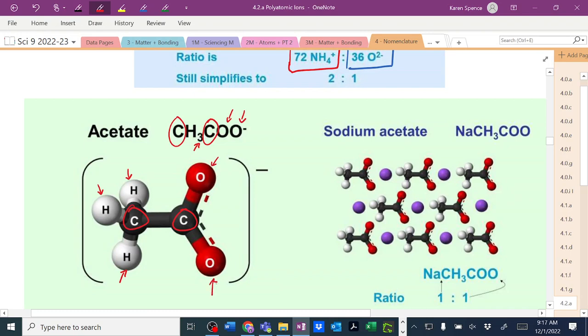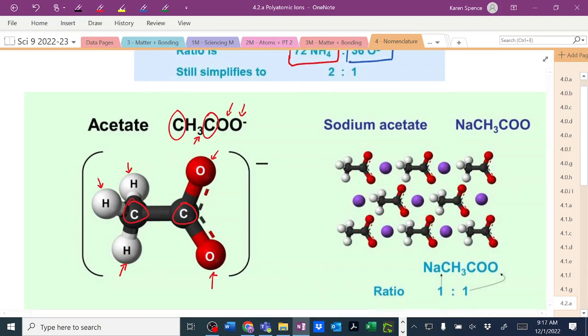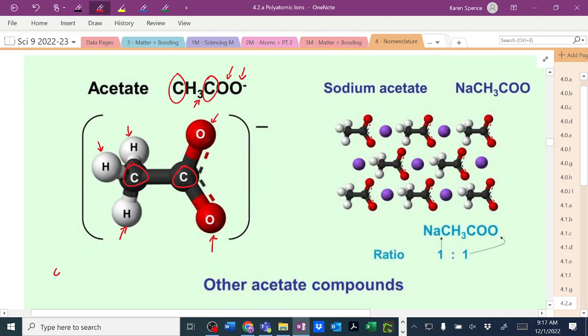And that's why it has that sort of funny structure. We could also, if we wanted to, say C2 because there's 2 carbons, H3 because there's 3 hydrogens, and O. What would we put beside the O? We would put a 2, and it has a negative charge. Okay, but you'll most often see it like this.